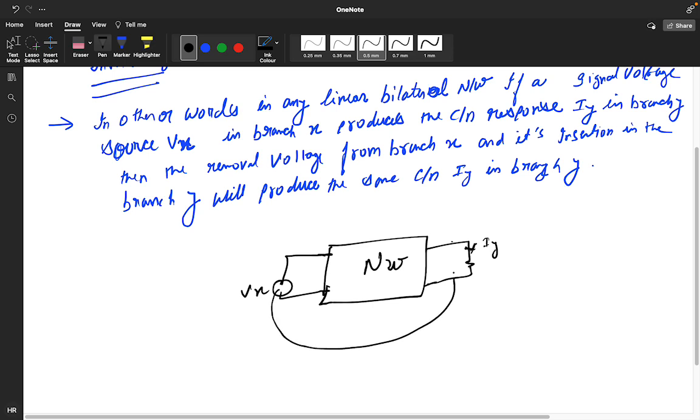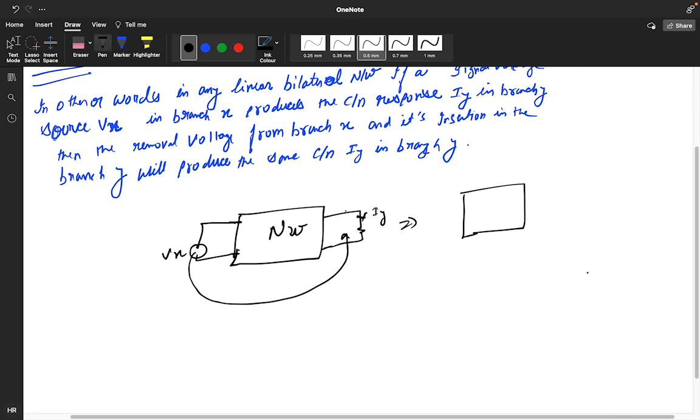If I remove these things and put them in this branch, reciprocity, I am interchanging them, and I am bringing my Iy to this side.